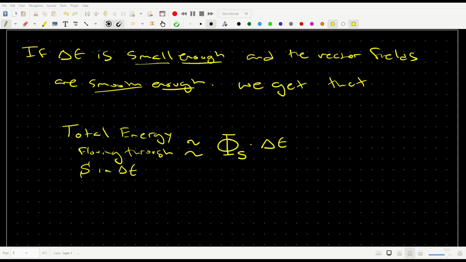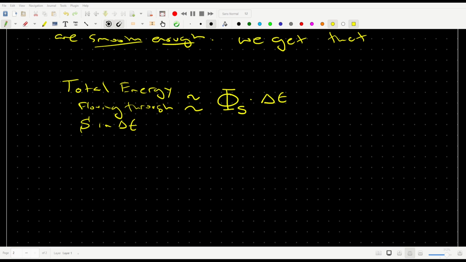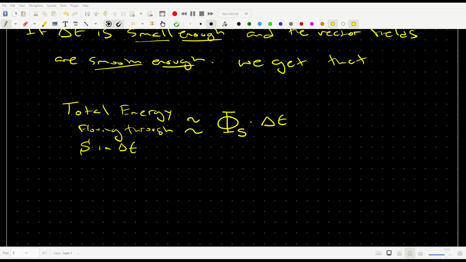And the reason this is a good approximation is because for small delta t, you can think of the heat flux, phi S, as the partial derivative of the total energy change with respect to time, flowing through the surface S.